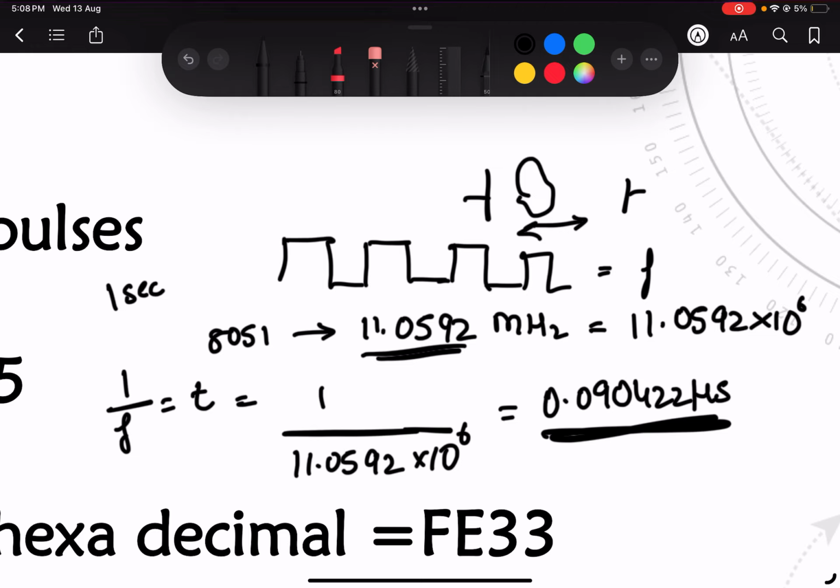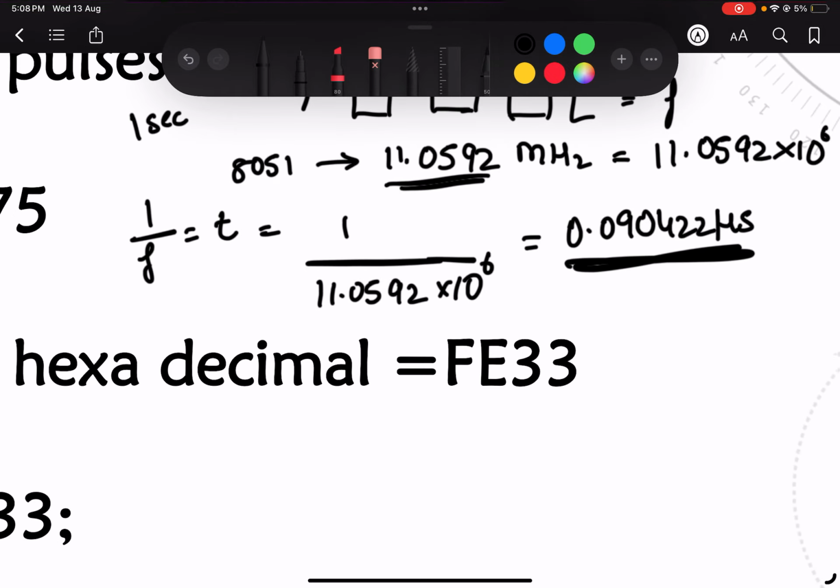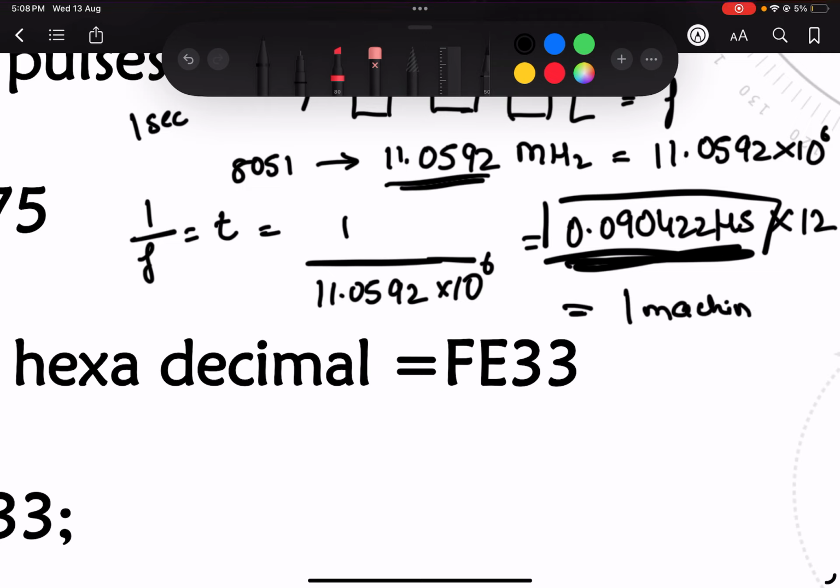Now, in the 8051, it is defined that this time multiplied by 12 gives one machine cycle. Suppose your crystal is of a different frequency, you'll obviously get a different time. This is very important, because in most cases, if they do not mention the crystal frequency, you can assume it to be 11.0592.